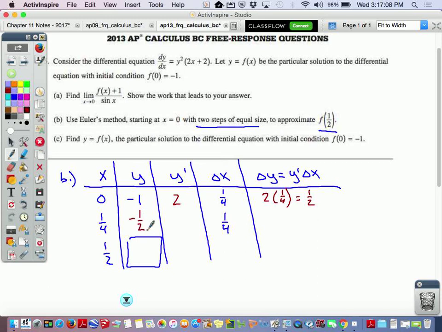And now we'll plug 1/4 and -1/2 into the derivative. So I'll do that work up here. dy/dx at the point (1/4, -1/2).